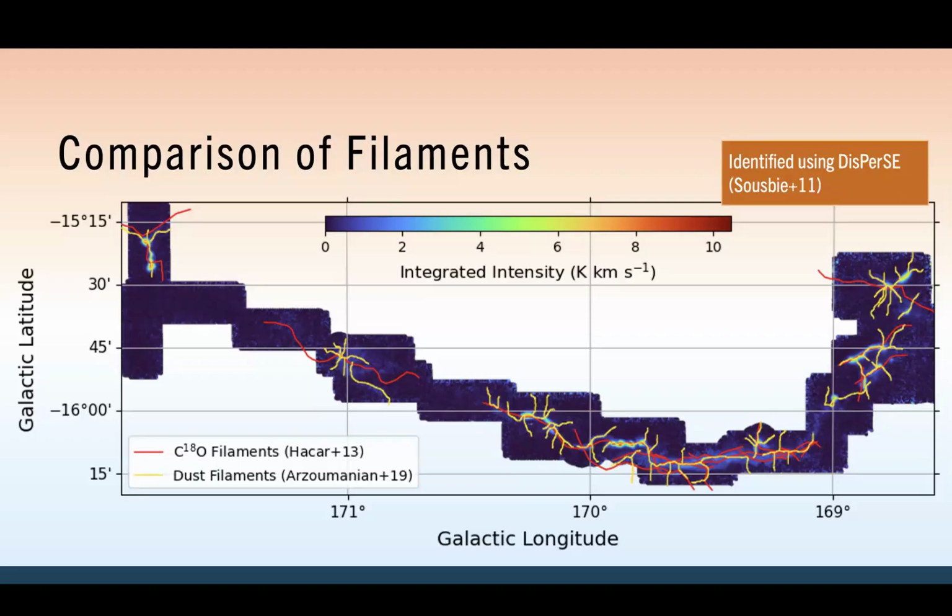Then overlaid on top of that, in gold, are these dust filaments. The dust observations come from the Herschel-Gould Belt Survey, and they were identified using the disperse code, which is originally a cosmology code. You can see that there are some similarities and some differences.